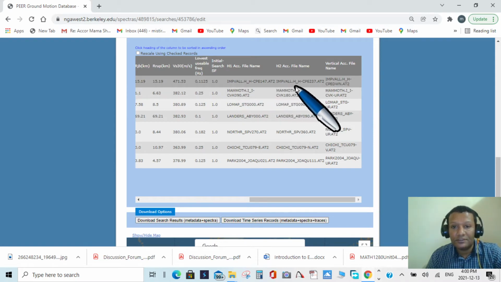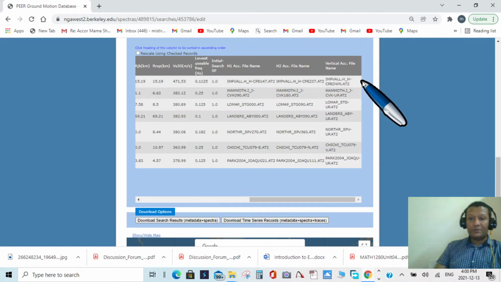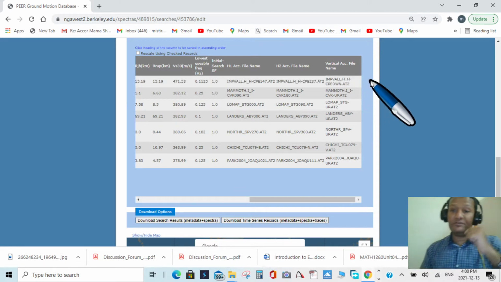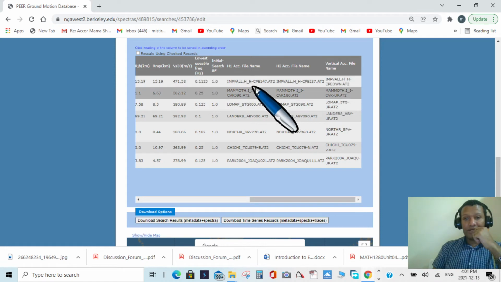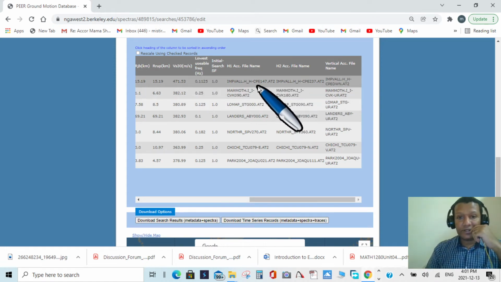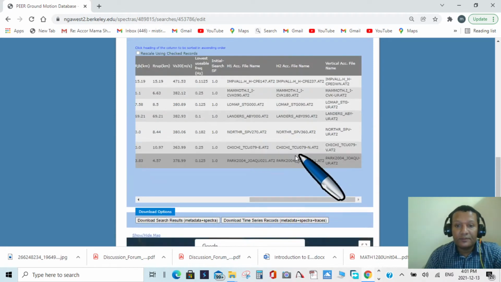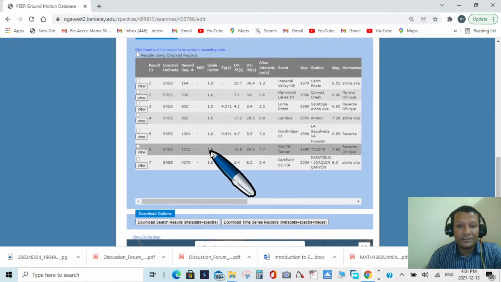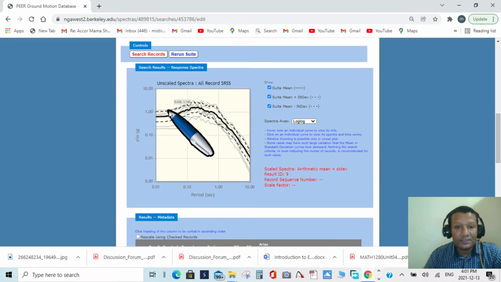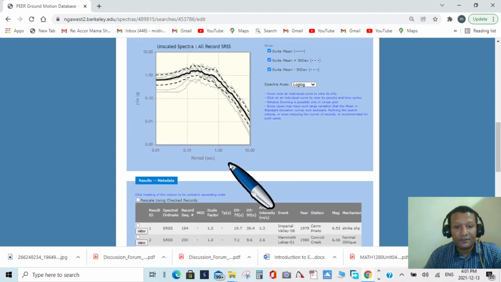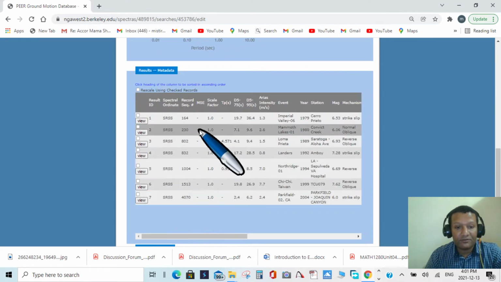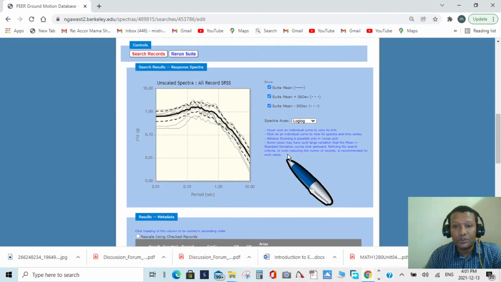This is .AT2 from the PEER website, but others have other extensions. So we have .AT2 files for X, Y, and Z. Once we find this, as you can see, this is the mean of all of these. All 7 have results, we have 7 ground motions.